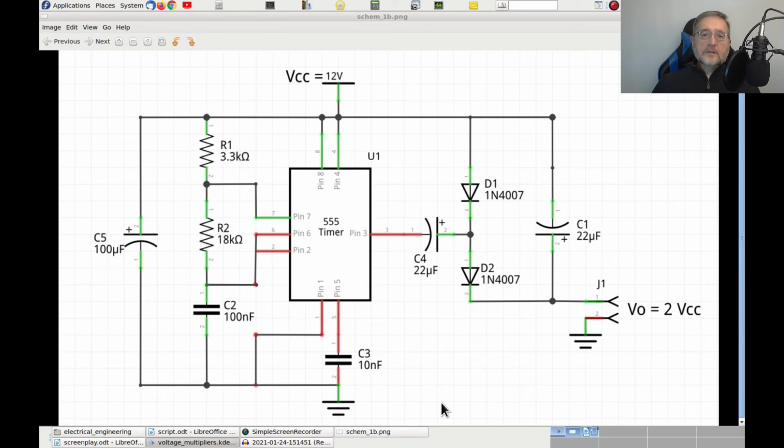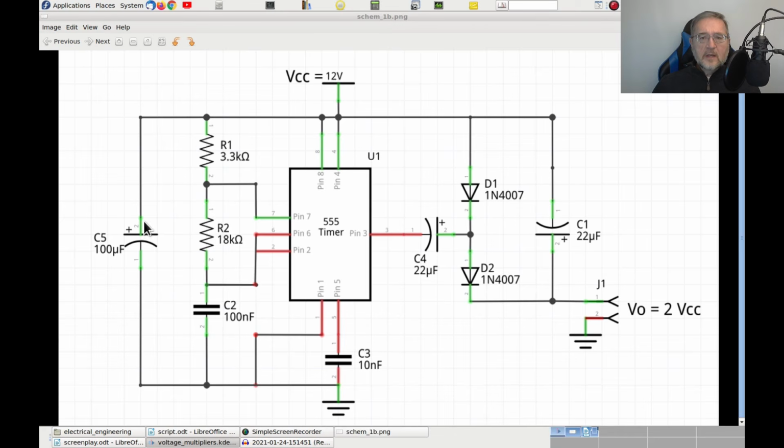Let's see now how we can practically build a circuit that works like that. The core of this circuit is once again a 555 timer, which I used to generate the square wave that I needed. Resistor R1 and R2, along with capacitor C2, are calculated to provide a square wave with a duty cycle of about 0.5 with a frequency of about 3.8 kHz plus minus 400 Hz, according to the tolerances of the components, especially C2.